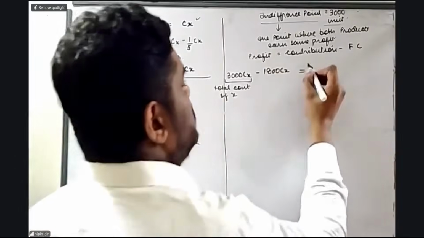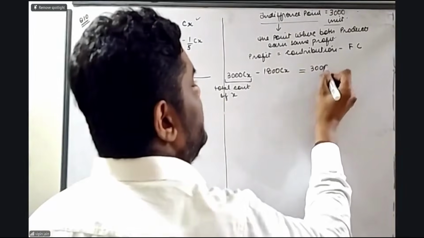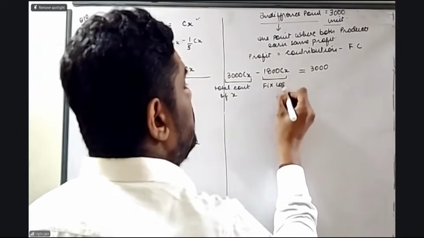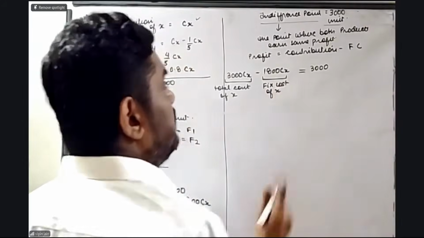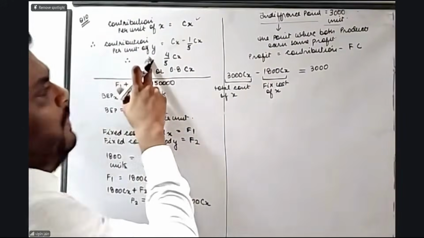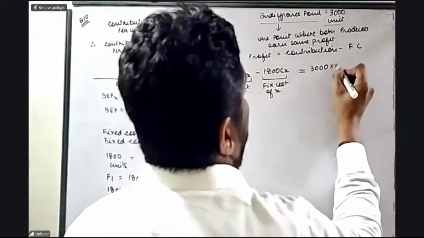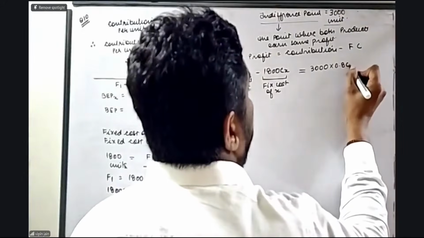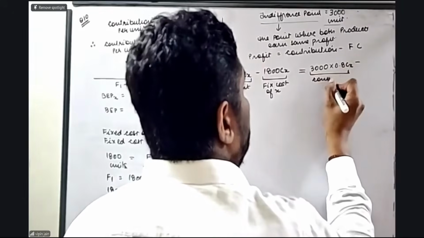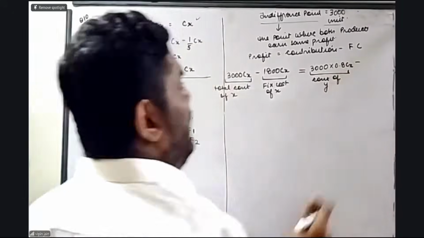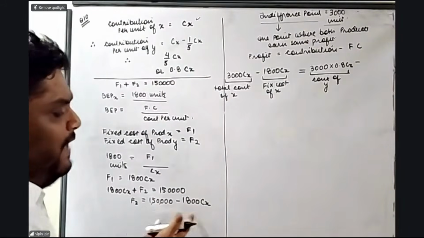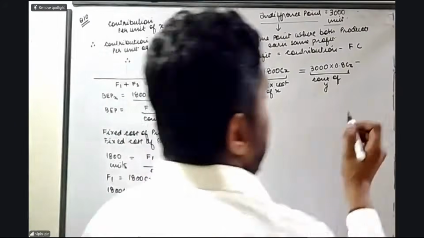Similarly for product Y also, the units are 3,000 into the contribution of Y, which is 0.8 Cx, minus fixed cost of Y, that is F2. F2 is 1,50,000 minus 1800 Cx.